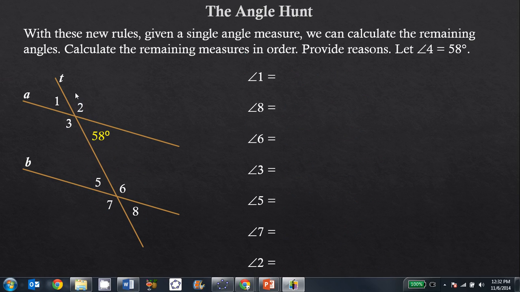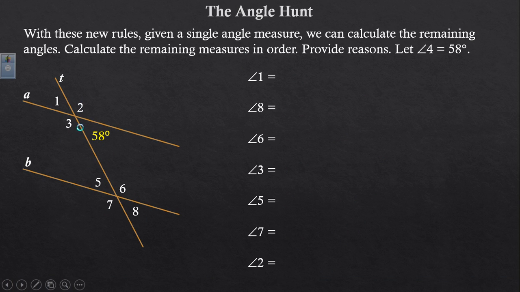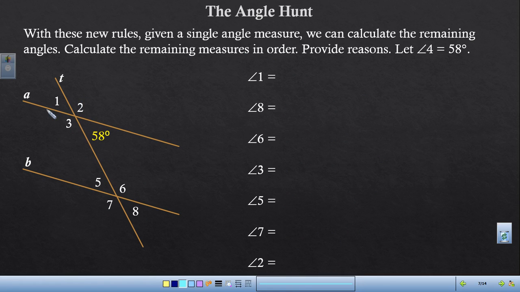Just a couple of words here. Remember that if we go straight and cross one line on our way, this is a corresponding angles relationship. If we go straight from one to the other and cross no lines, that's a consecutive interior angles relationship.